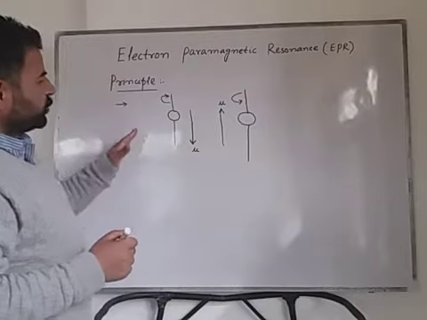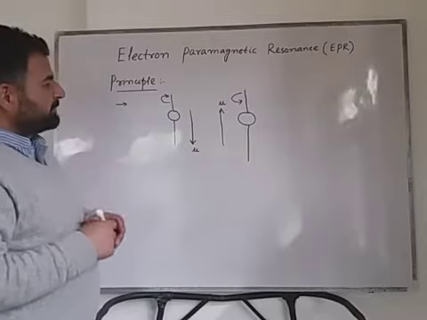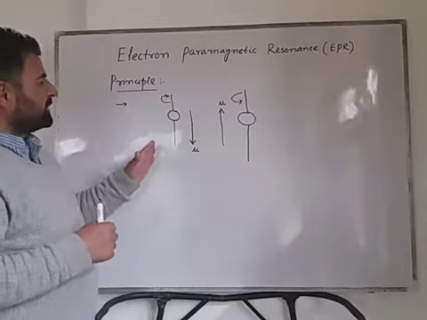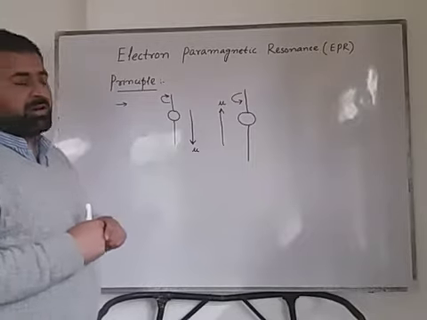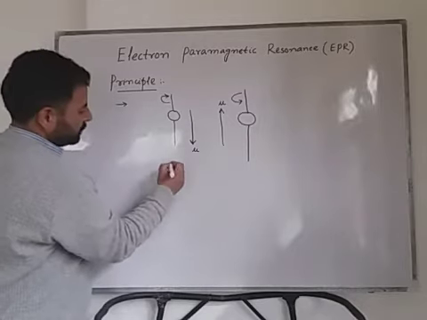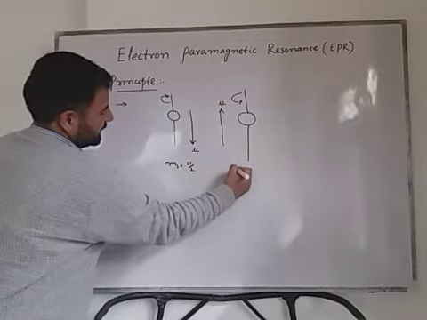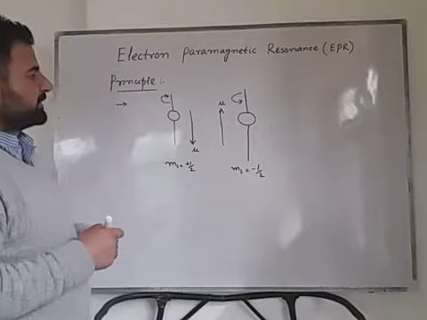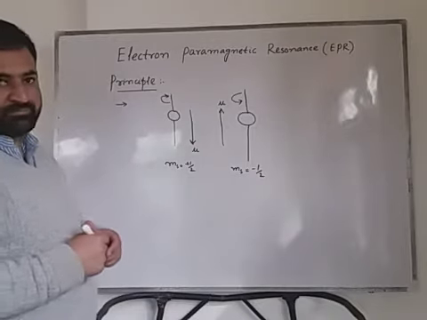So when there is no external magnetic field, at that very time what will happen? The unpaired electron can have any one of the two spinning motions. It can spin in the clockwise direction, ms equal to plus 1 by 2, or in the anti-clockwise direction, that means its spin angular momentum quantum number is minus 1 by 2.